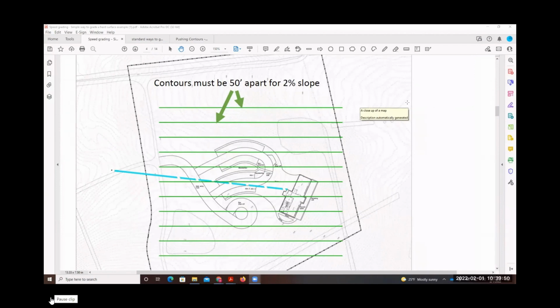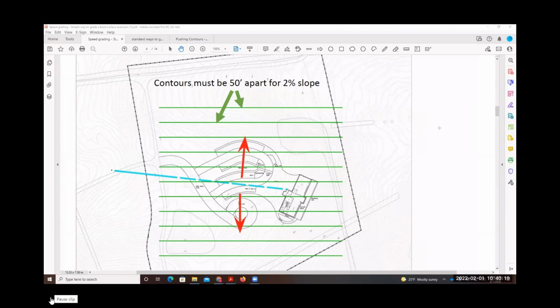I know that if I had a piece of pavement aligned with that, let's say this was the direction of the flow, that would be a 2% slope, and that would be perfectly acceptable. If I split it on the ridge and had another 2% slope running in this direction, that would also be perfectly acceptable.